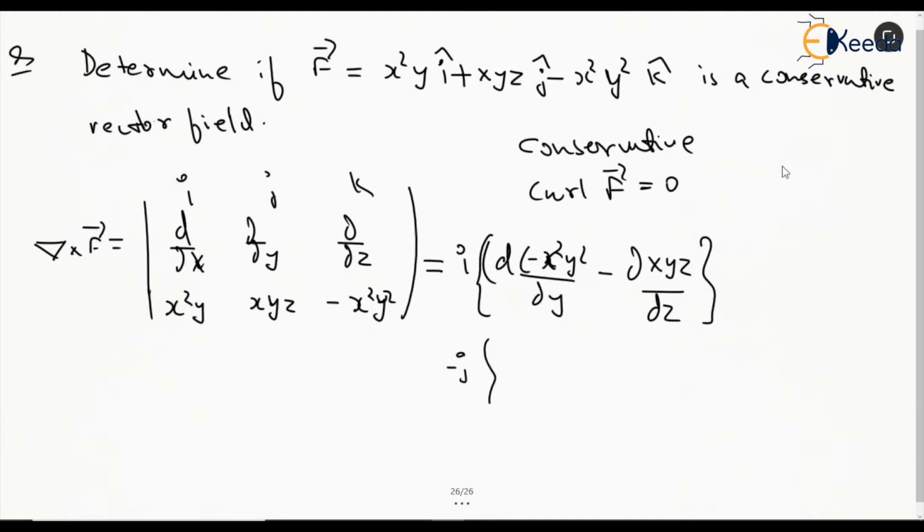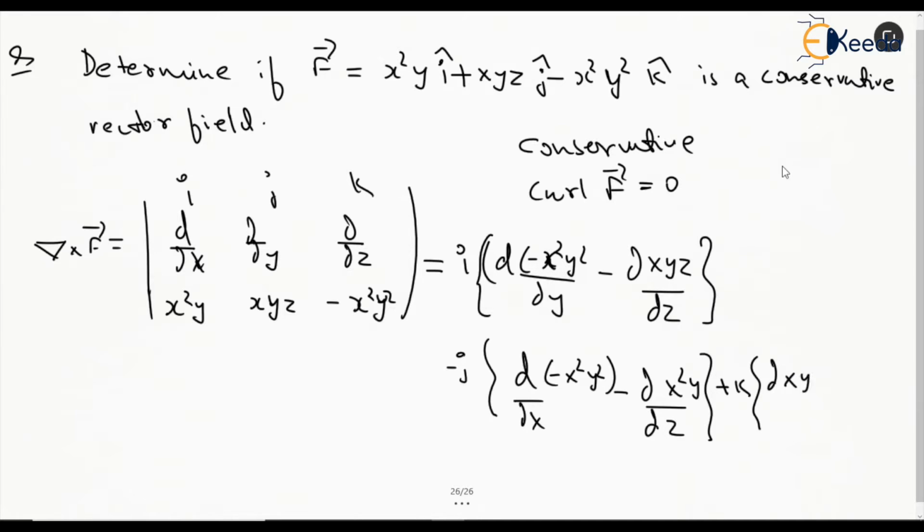Then minus j times, since we have already mentioned minus, let's do it for d/dx of minus x squared y squared, minus d/dz of x squared y, and plus k times d of xyz by dx minus d of x squared y by dy, right?